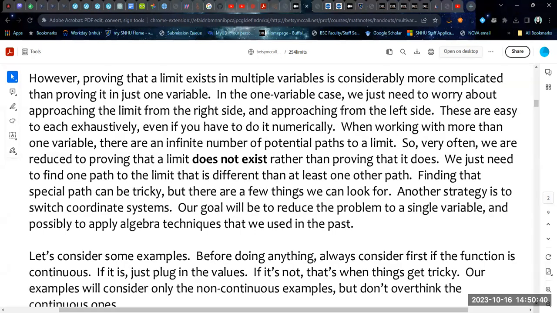And so that's one of the things that we're going to be talking about, is essentially, how do we know that the limit does not exist? How can we find the evidence for that?